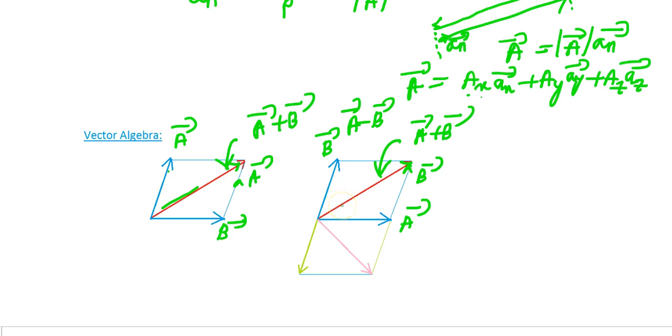Now how to draw a negative vector? As you know, for a positive vector A, what will be minus A?